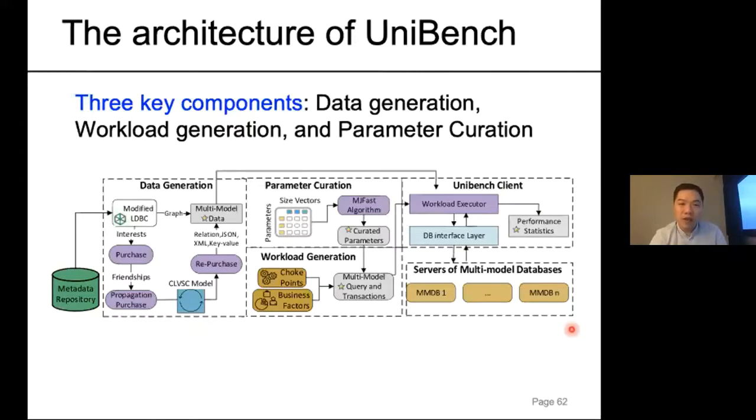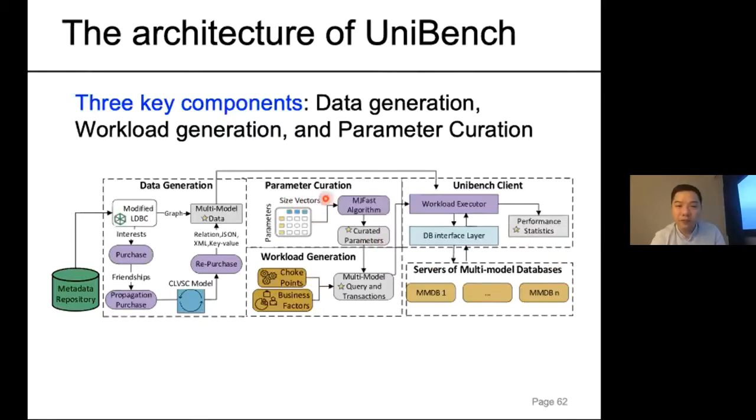And the workload specification contains 10 multimodal queries and 2 transactions. Particularly, the design principle considers both the technique and the business dimension. For the business dimension, we design 4 business layers to cover various cases. And from the technique perspective, the queries are designed according to the 3 choke points.